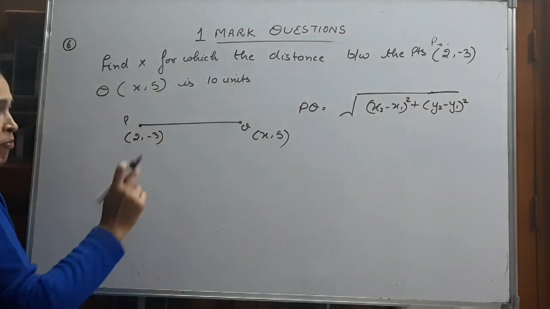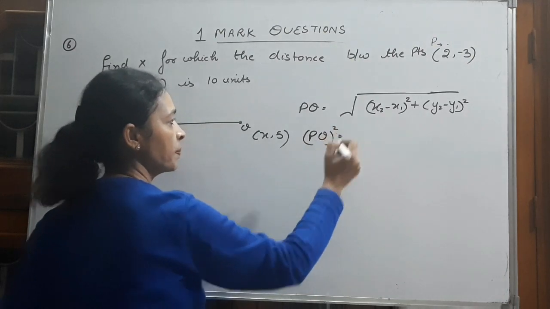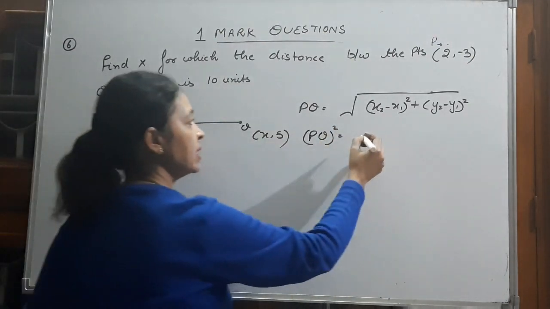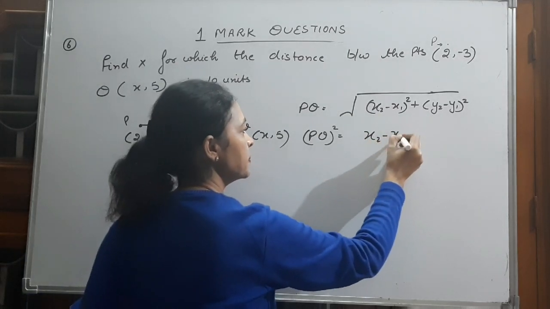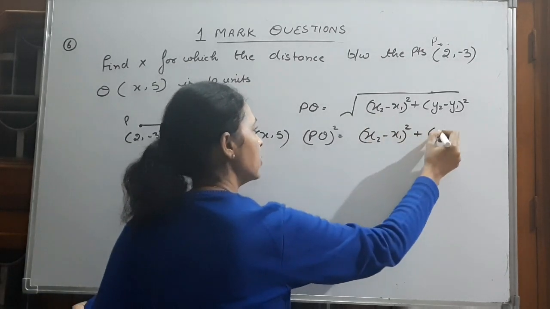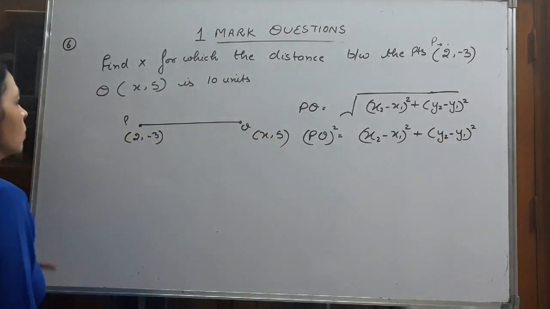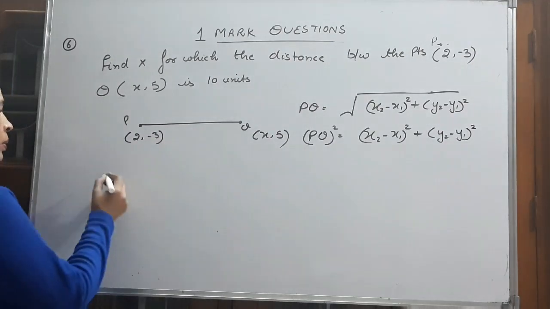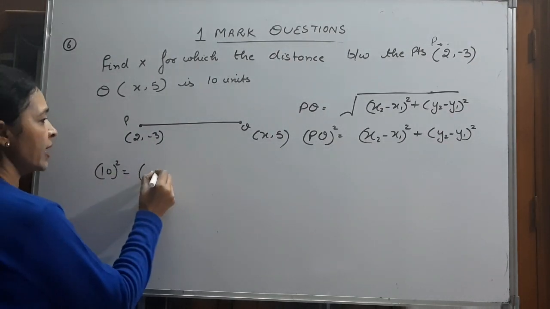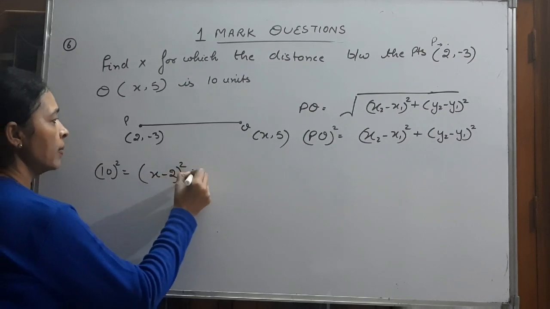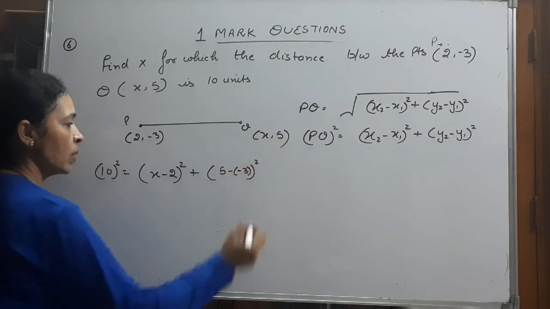Now if PQ is this, what will be the value of PQ whole square? The square of this whole term, the square and root will cancel, plus (y2 minus y1) whole square. What is the length PQ? 10. 10 square equals (x minus 2) whole square plus (5 plus 3) whole square.